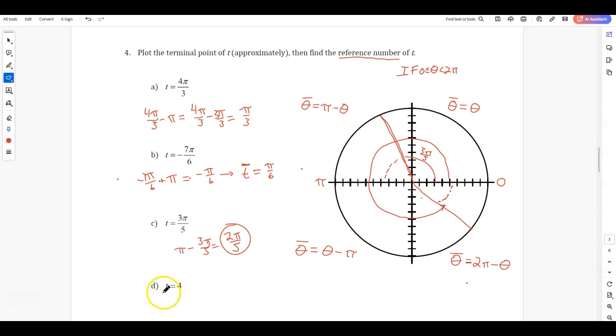For this one, let's just finish up with this t equals 4. This is kind of a weird angle. So first off, where would that angle be? Let's go ahead and change my color. Where is just a measure of 4? This is 4 radians. There's no degree symbol on it. Let's put in some values. This is 0. This is about half a pi.